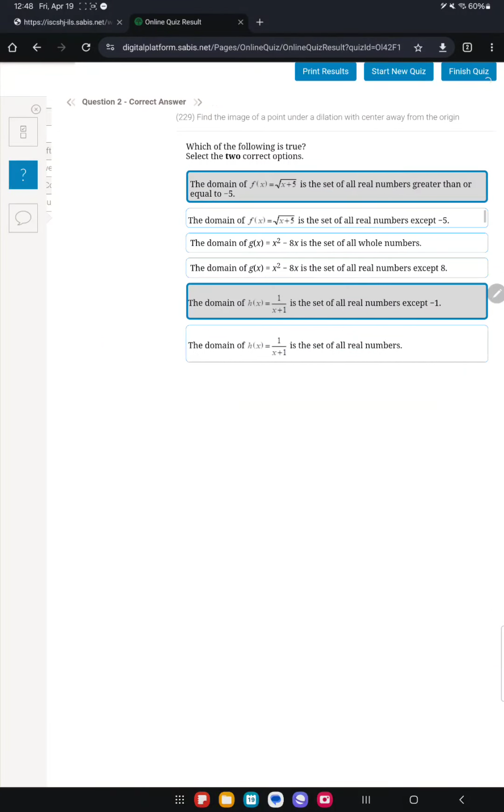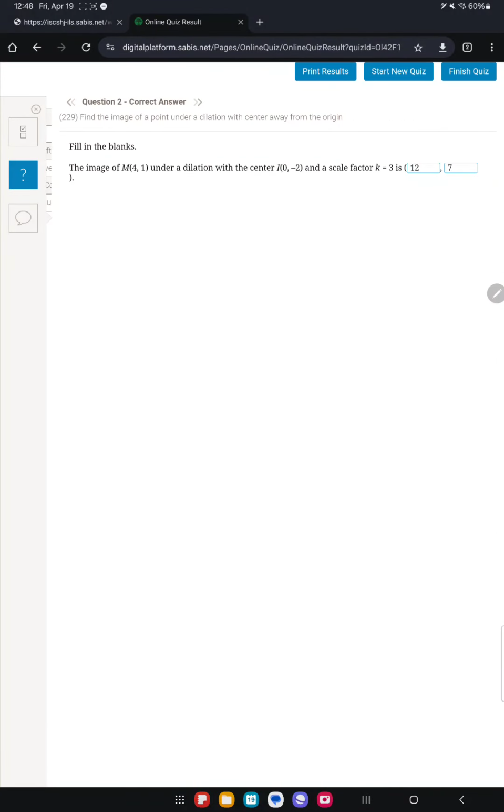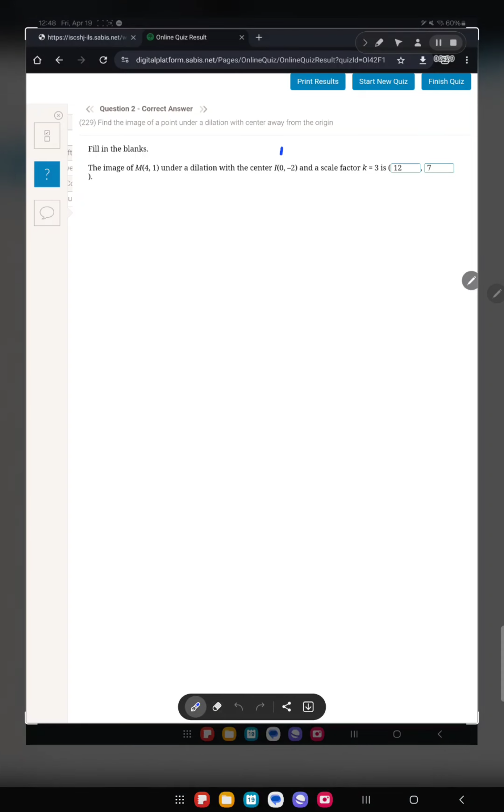Question 2. The image of M(4, 1) under a dilation with the center (0, minus 2) and scale factor k equal 3 is (12, 7). You have to use the formula for dilation. X prime is kx plus 1 minus k times x of the center. Y prime equals ky plus 1 minus k times y of the center.